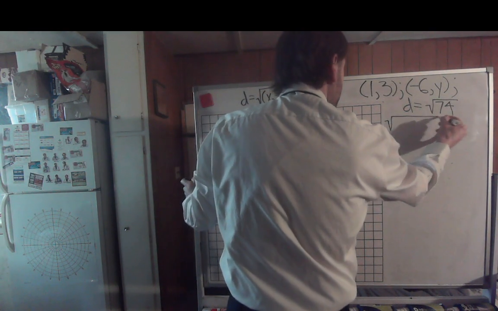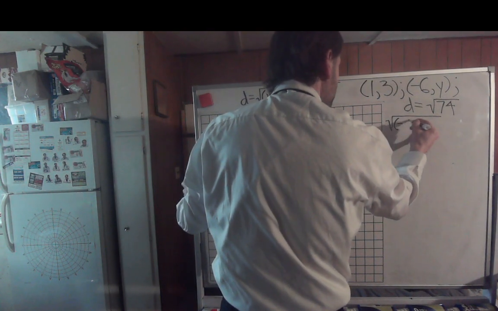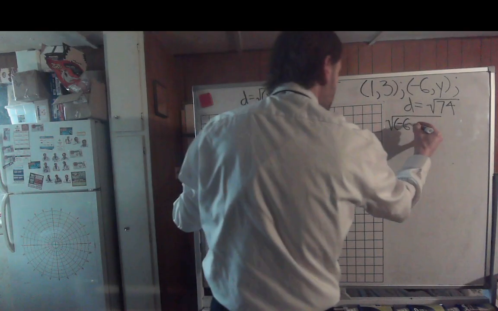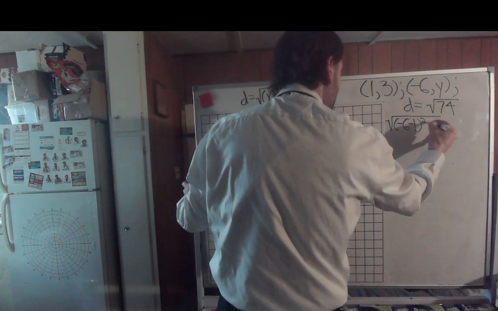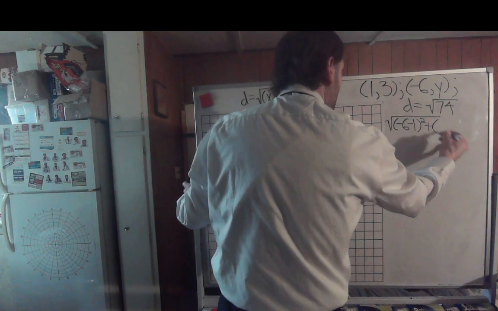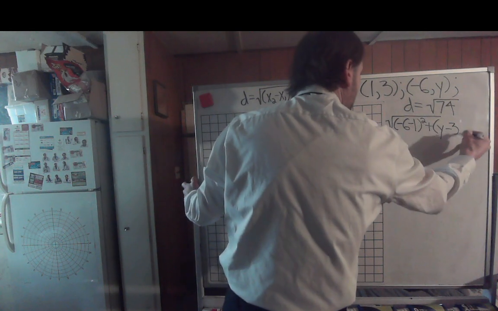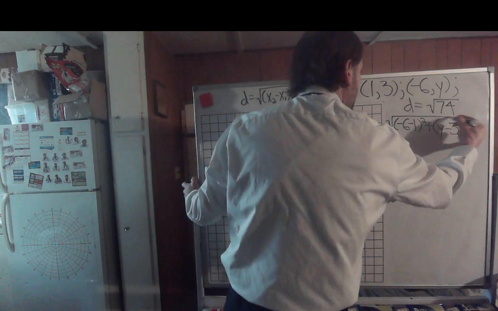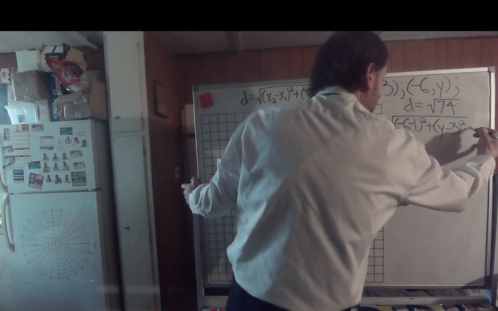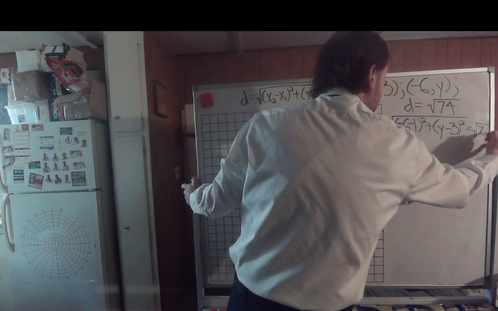So this is going to mean our distance formula is our x2, which is negative 6, minus our x1 of 1, that's all squared, plus my y2 of y, minus my y1 of 3, all raised to the second power. The square root of all that equals the square root of 74.